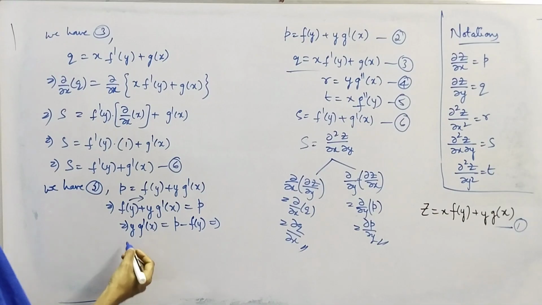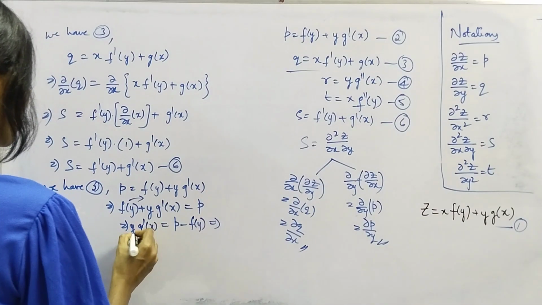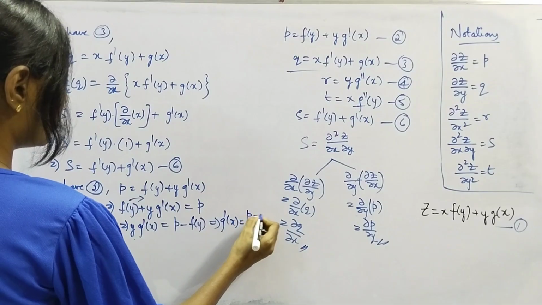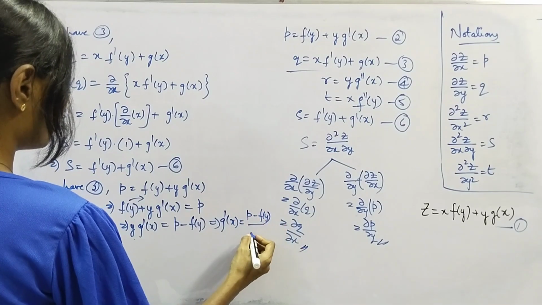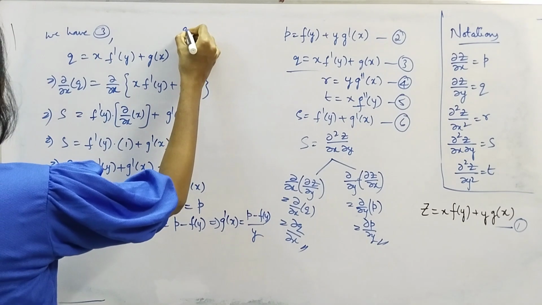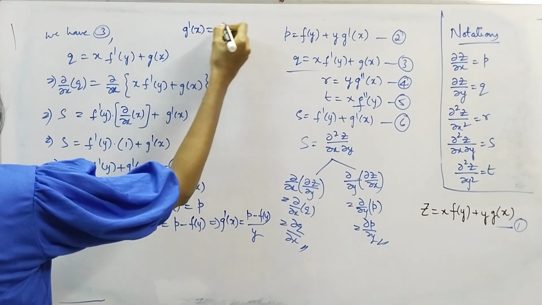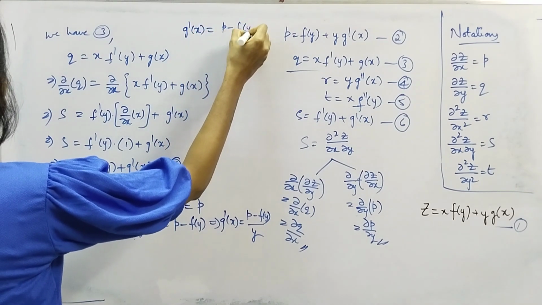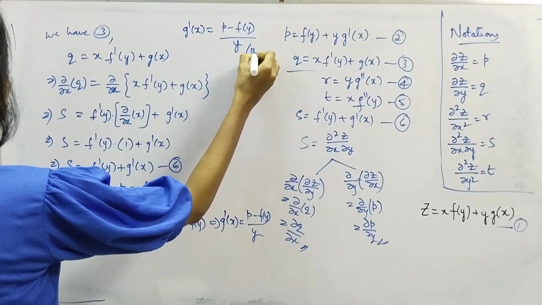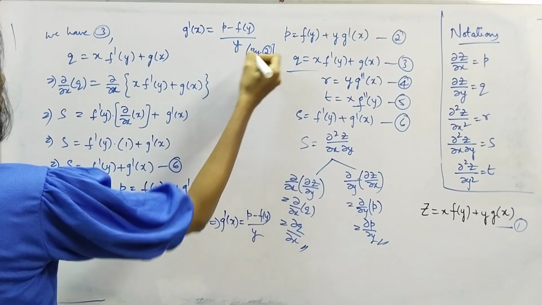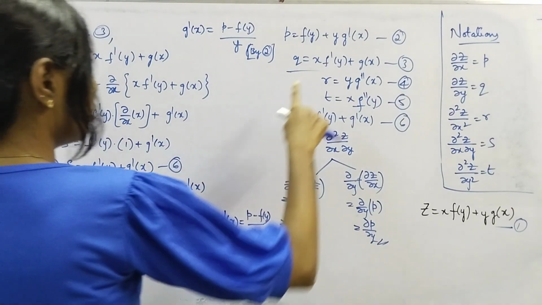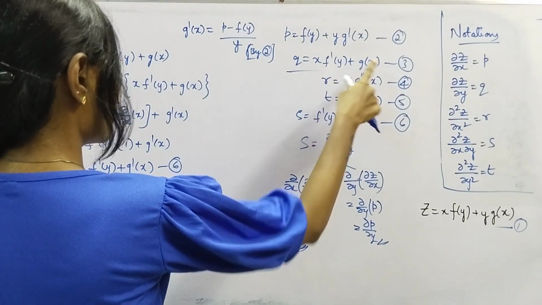Now divide both sides of the equation by this y, or just take this y to the RHS, you'll get g'(x) equal to (p minus f(y)) by y, right? So you got the value of g'(x), which is (p minus f(y)) by y. We got this using equation 2, right?